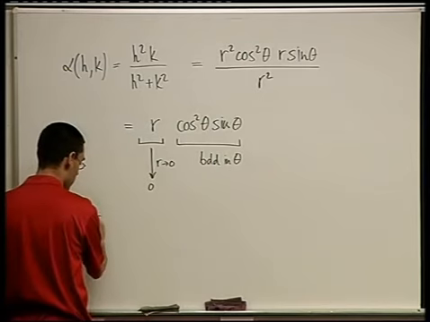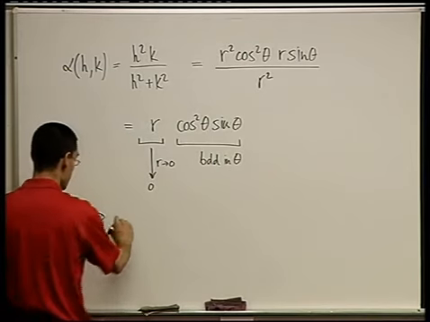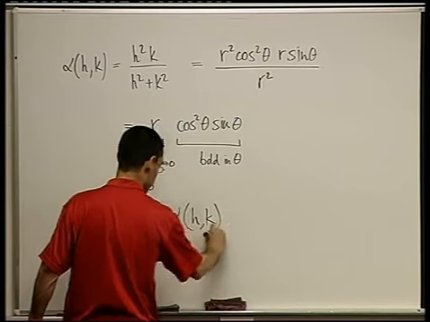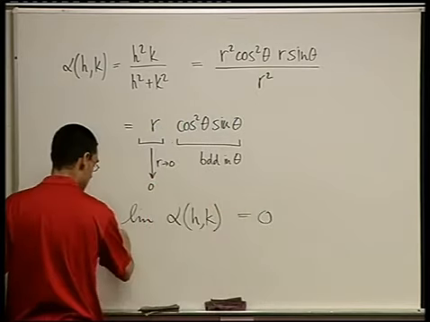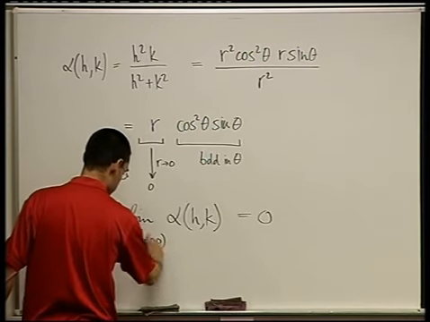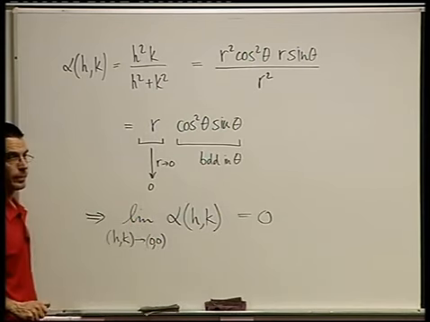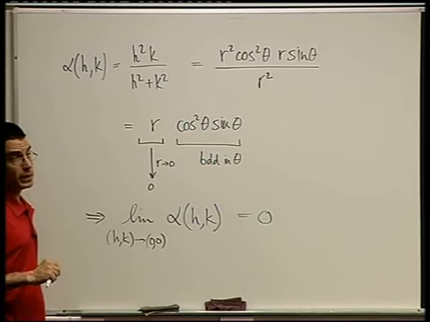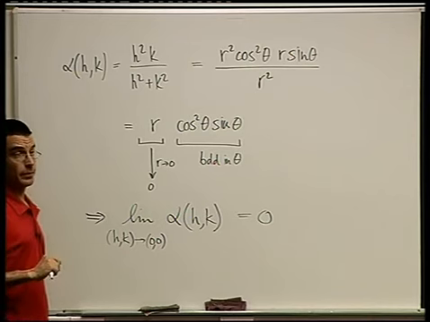Therefore, by the theorem that we had, the limit of alpha(h,k) is 0 as (h,k) approaches (0, 0). Good? So that's how you prove differentiability by definition.